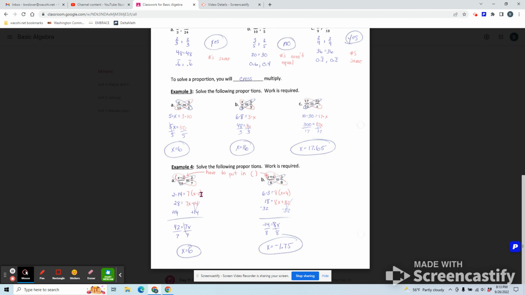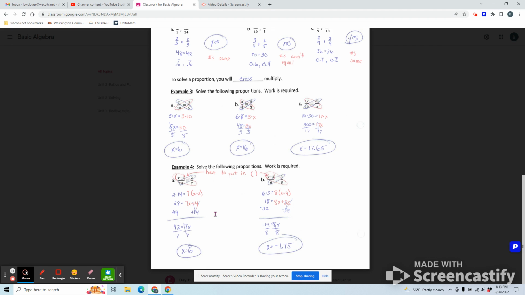When I cross multiply, here's what I get on one side, and then I have 2 times 14 on the other side. So I end up with 28 equals 7x minus 14, because I distributed that 7. Then I'm back to two-step equations where I have to solve. I add 14 to both sides, and then I divide by 7 and get x equals 6.